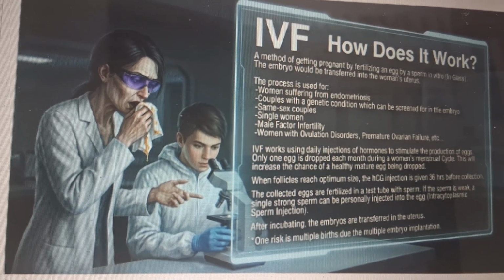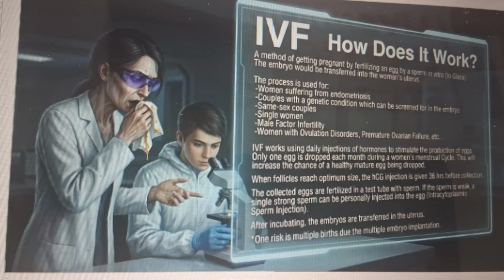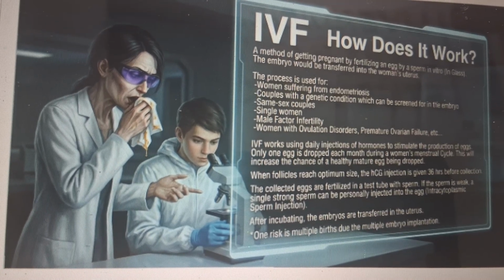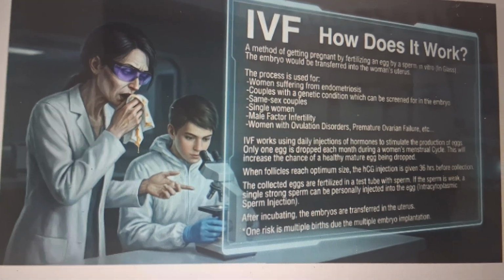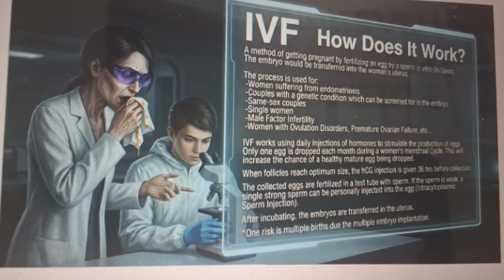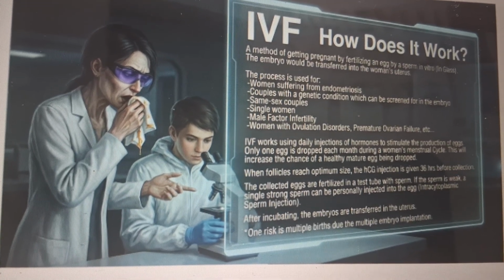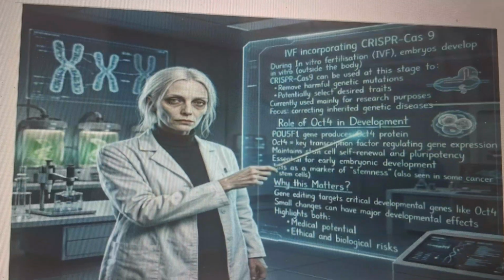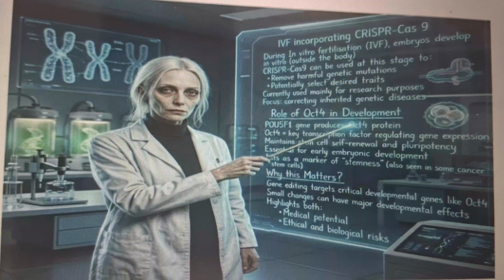While this technology is a marvel and revolutionary, it is not an exact science. It has not been perfected. In the next coming slides, we'll look into the current limitations and risks of gene editing. IVF incorporating CRISPR-Cas9.